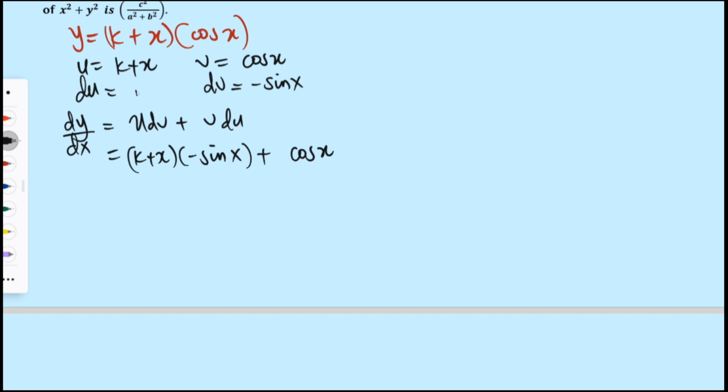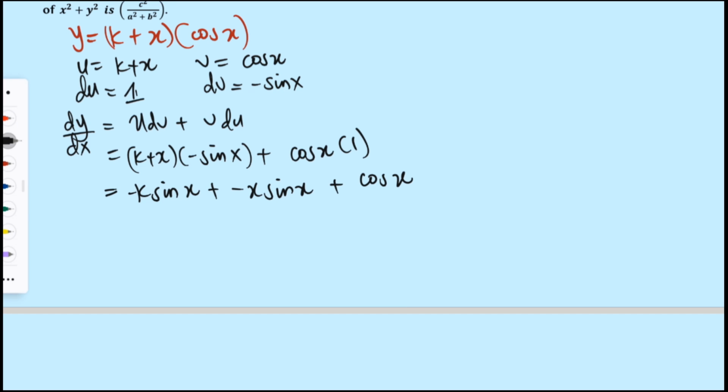Pardon me, this is a 1 because when you differentiate x you should get a 1 and not an x again. All right then, so we expand the brackets: negative k sine x plus negative x sine x plus cos x.